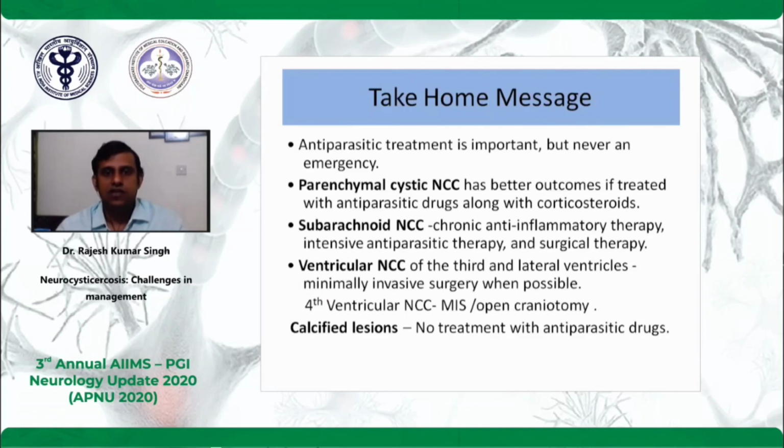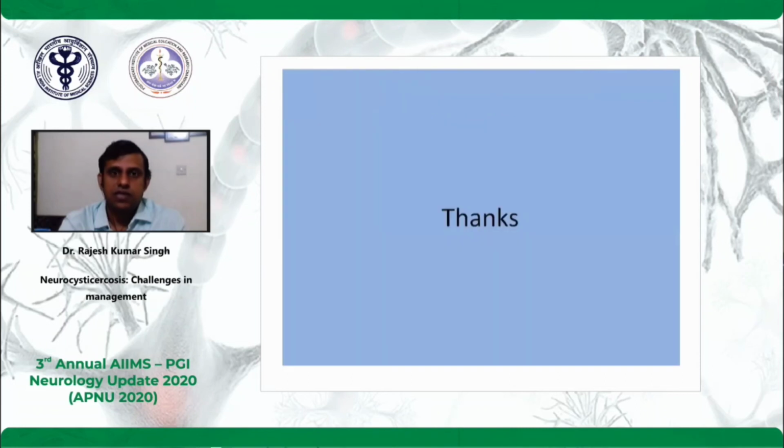For ventricular, the third and lateral ventricle, minimally invasive surgery, and for the fourth ventricle, maybe open craniotomy if required. For calcified lesions, no treatment with antiparasitic drugs, but antiepileptics will be used when they present with epilepsy. And even if a calcified lesion presents with drug refractory epilepsy, they can be considered for surgical management.